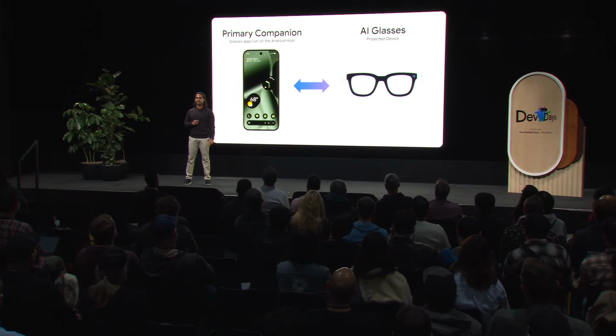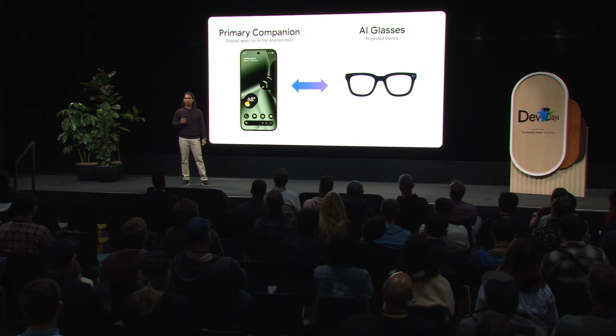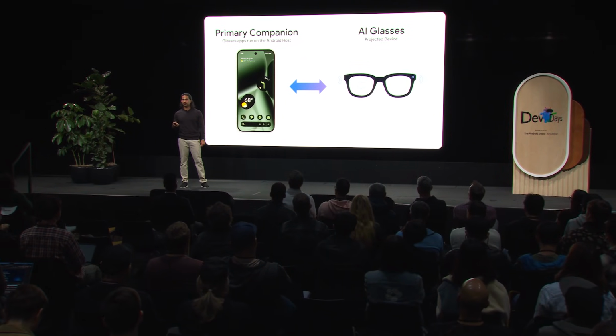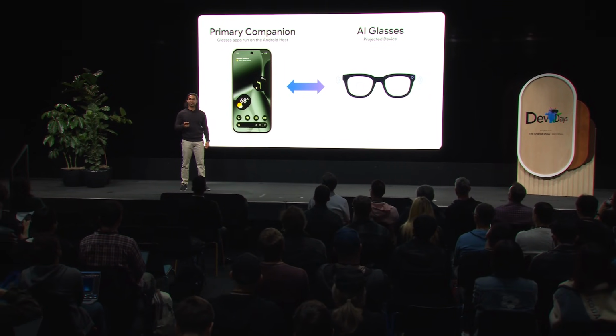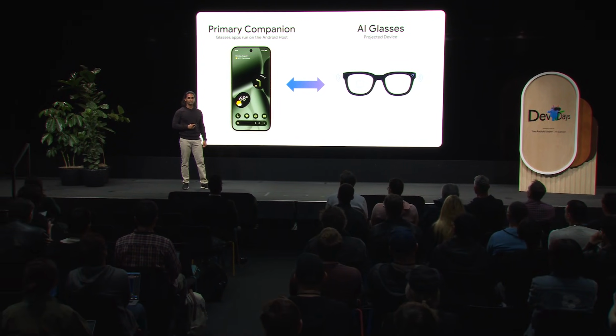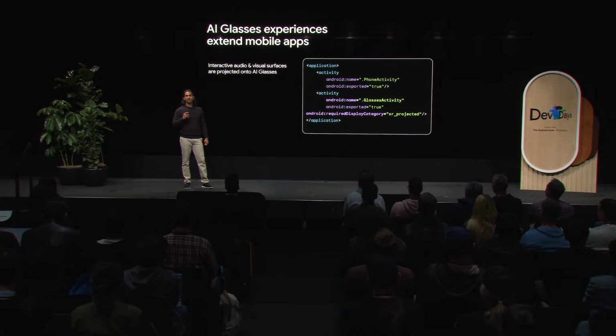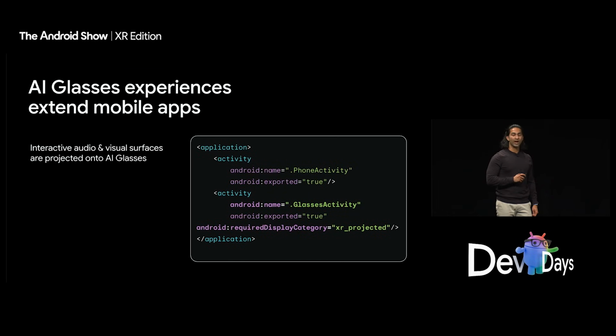Developing for AI glasses requires your application to run on a companion host device, an Android phone which supports XR projected capabilities. Glasses apps are an extension of phone apps. Interactive audiovisual surfaces are projected onto AI glasses by simply adding new activity components alongside their mobile counterparts.